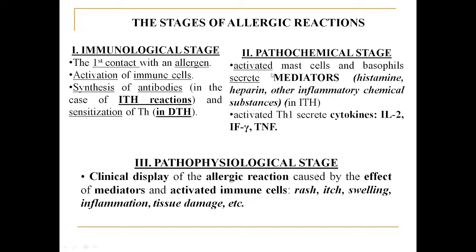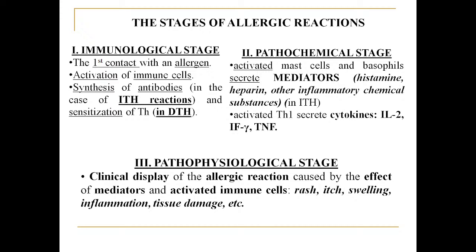In every following entry of allergen into the human organism, activated mast cells and basophils produce mediators. What are these mediators? These are histamine, heparin, and other inflammatory substances. It's in immediate hypersensitivity.